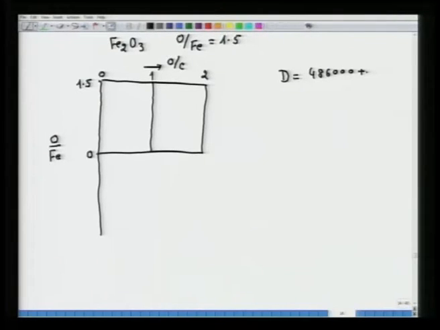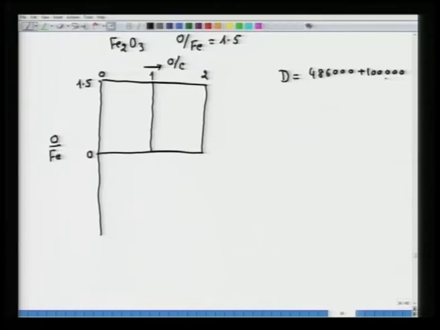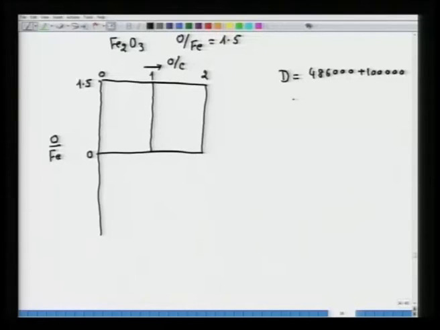Now, into this let us add some heat, though we have to calculate that value, but for the sake of illustration we can take some 100,000 kilojoule, which is the heat because the presence of gangue has to be fluxed. We have to calculate the amount of slag that is produced and accordingly heat has to be supplied. So, for the present case I am just taking 100,000 kilojoule per kg mole of iron as the amount of heat that is required to form a slag. So, my demand will be equal to this one.